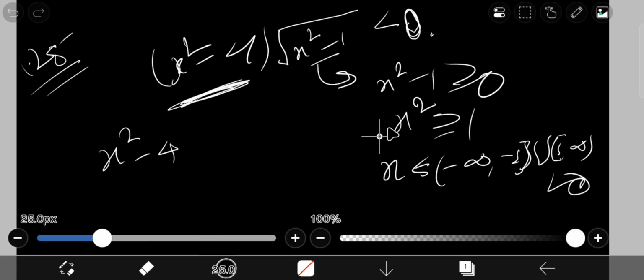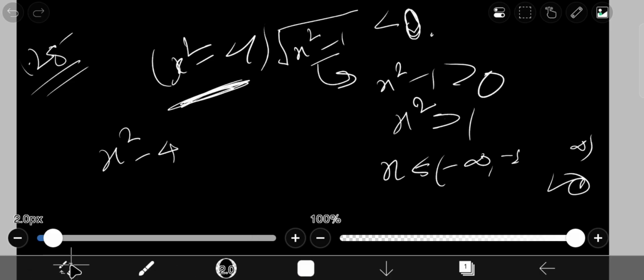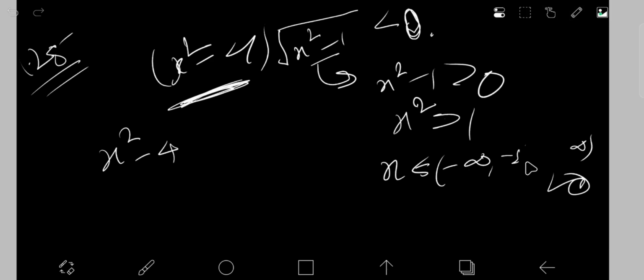Here we write an open bracket, not included, close bracket. Why do we write an open bracket here? Because the equality sign is not given. Union 1 to infinity.